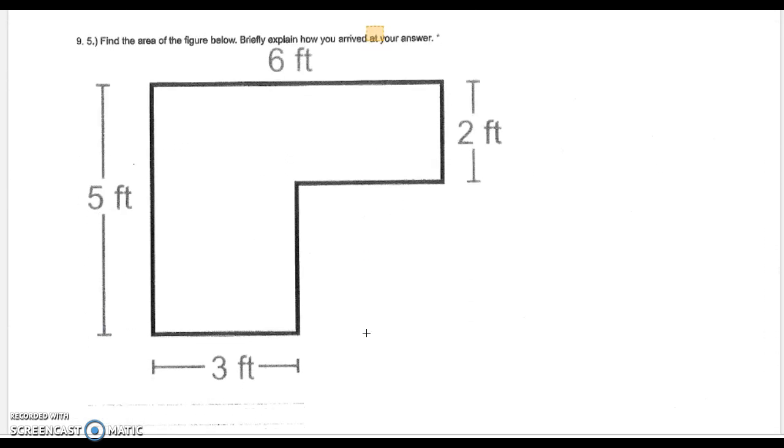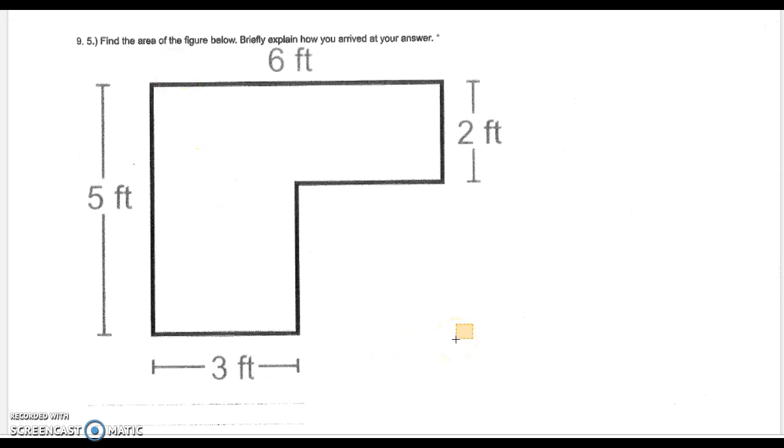All right, let's go to the next question. We got a composite figure, and it says, find the area of the figure below. Briefly explain how you arrived at your answer. There's a couple of different ways that we can separate this composite figure.